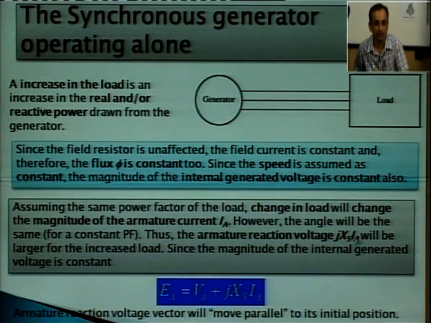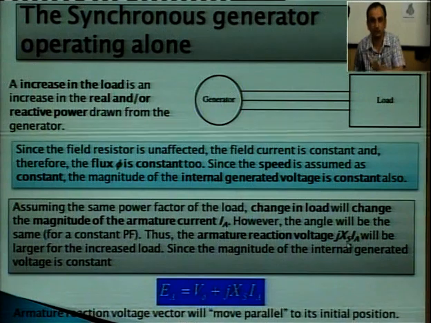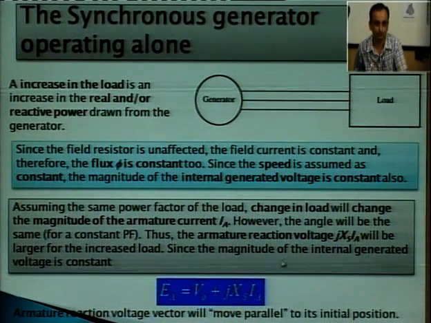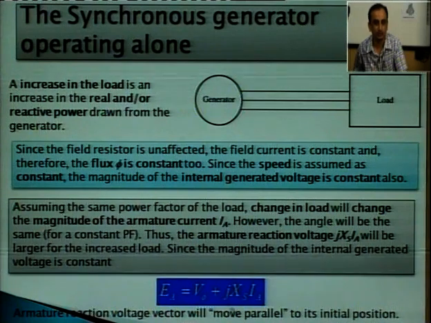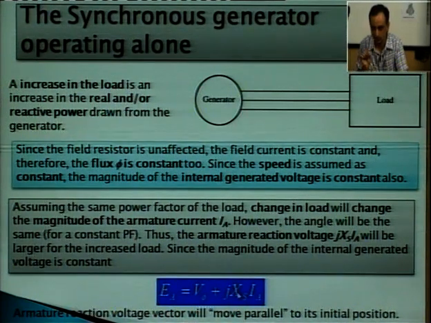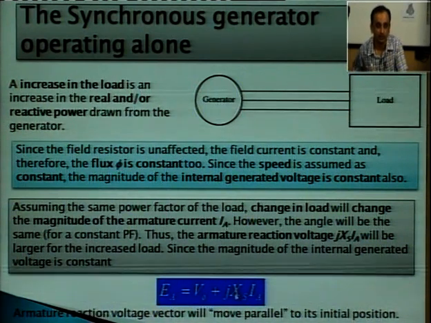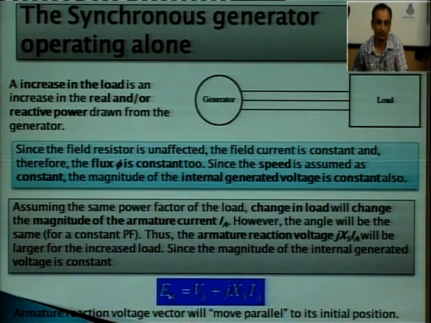So, the amount of IA is going to increase with the change in the load, and the voltage given by this is obviously the terminal voltage plus the drop that takes place because of this increase in the current in the reactance. We have already discussed the equivalent circuit for this.